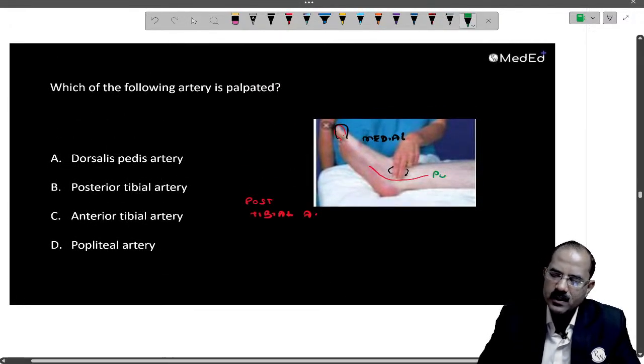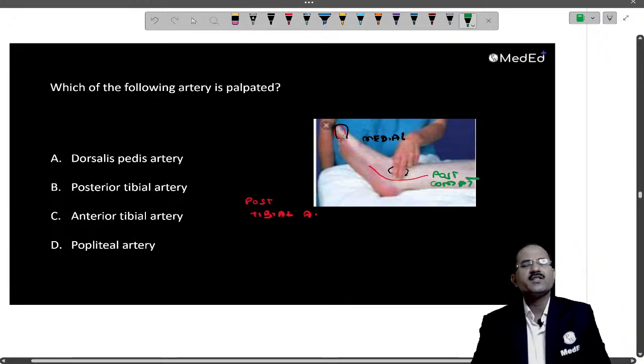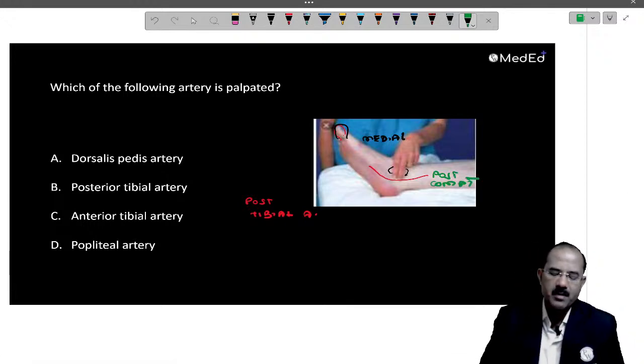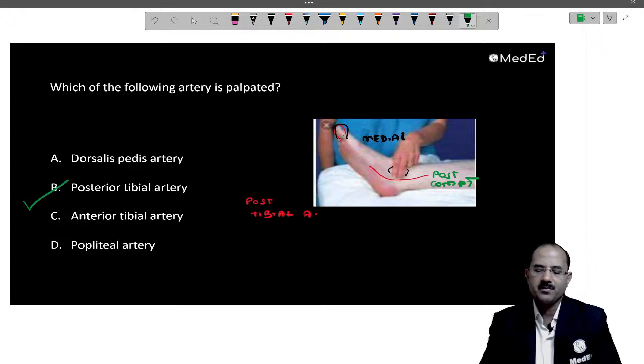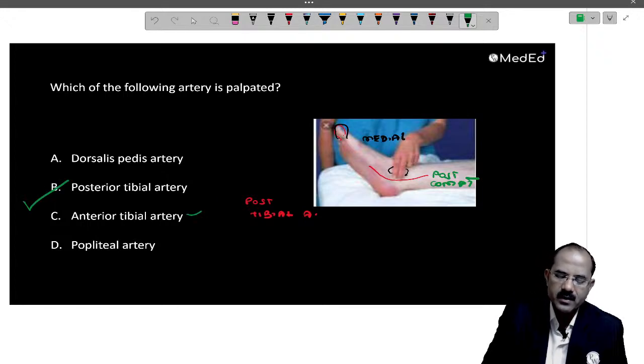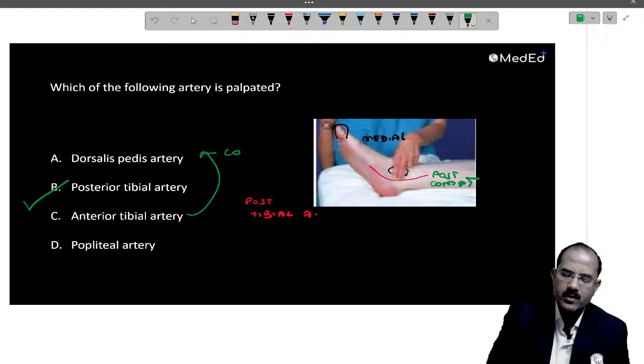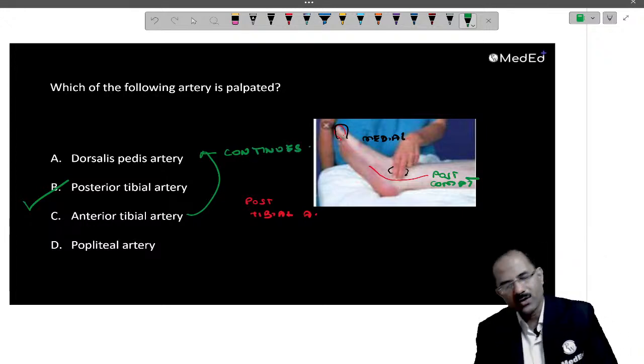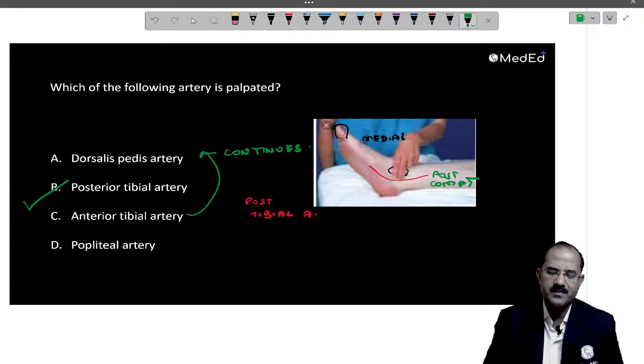This is the posterior compartment of the leg, and the artery present there is the posterior tibial. The anterior tibial continues as dorsalis pedis.